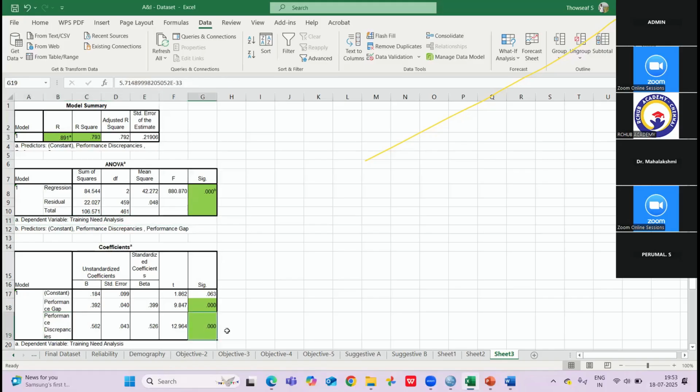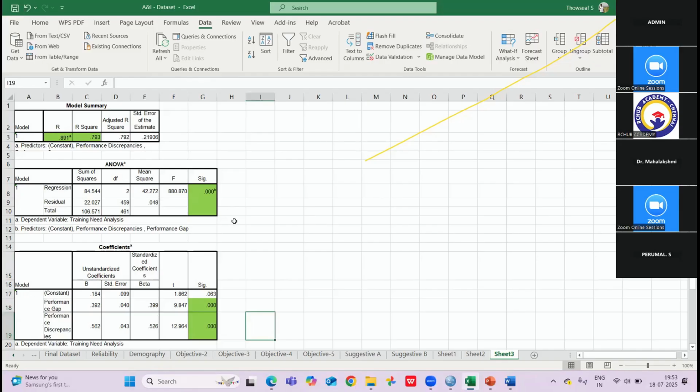In case this value is greater than 0.05, we could only say that performance gap impacts the training need analysis, whereas the performance discrepancies do not impact it. But in this case, both the values are less than 0.05. So we can say that yes, performance gap and performance discrepancies together impact the training need analysis.